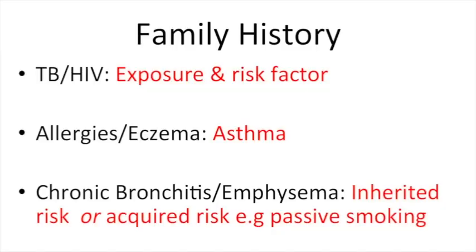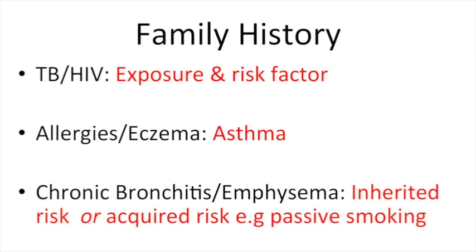Family history. Well, the family history in our environment is important from the point of view of TB exposure within the family, because it's often the mechanism of transmission, particularly with an older person transmitting to a younger non-immune host. HIV is a risk factor for TB, even though it is not transmitted by coughing.